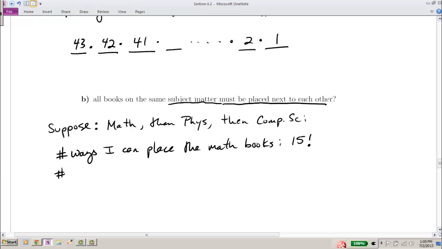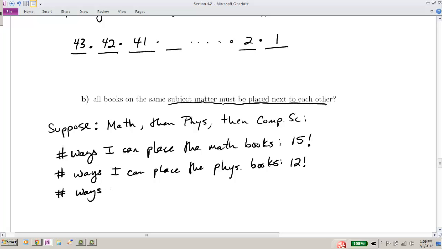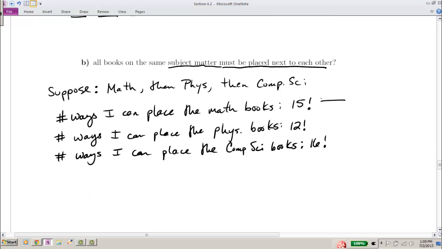And we could do this for the next two subjects. The number of ways I could place the physics books is 12 factorial. And finally, the number of ways I could place the computer science books, there's 16 of those, so that's 16 factorial. So now, for each of the 15 factorial ways I have to place those math books, there are 12 factorial ways then I could follow up with the physics books.